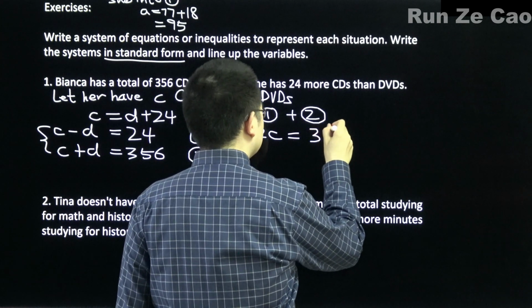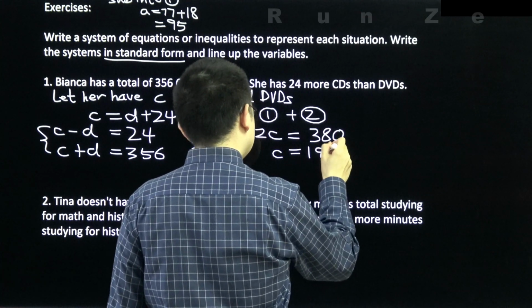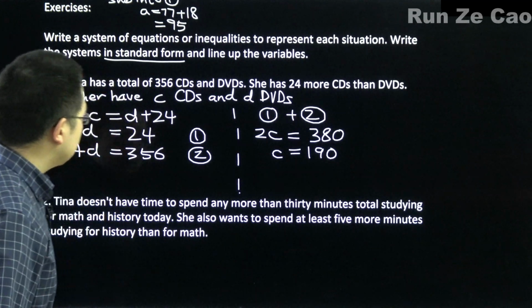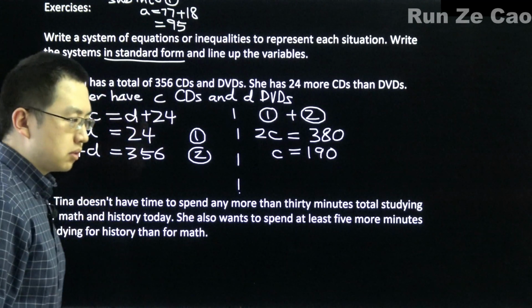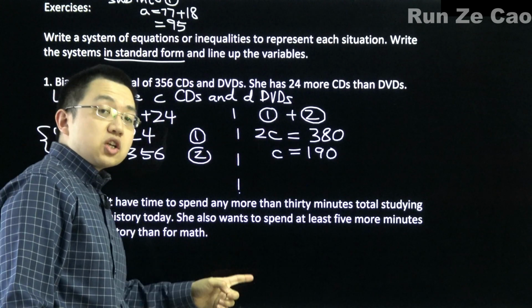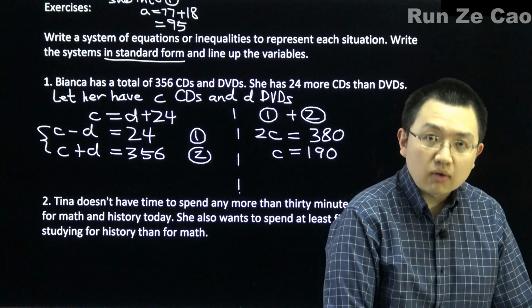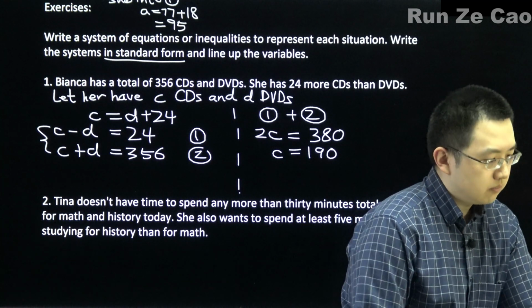Okay, 380. C is equal to 190. And then you would solve for D by substitution. The first step that I did here is called elimination, because it eliminates one of the variables.